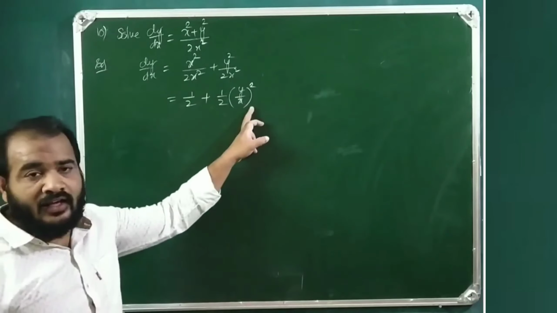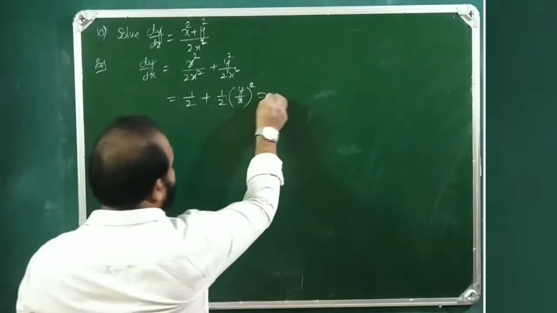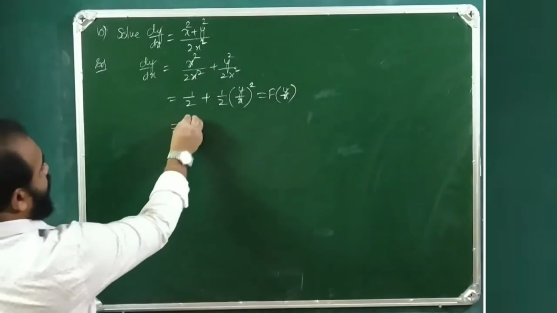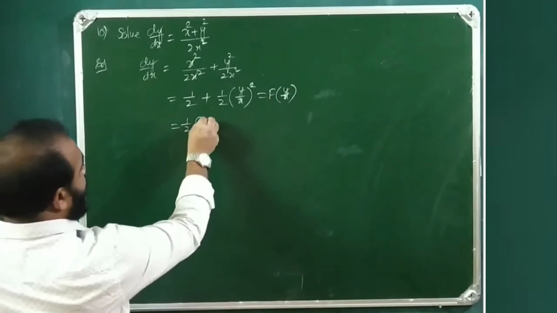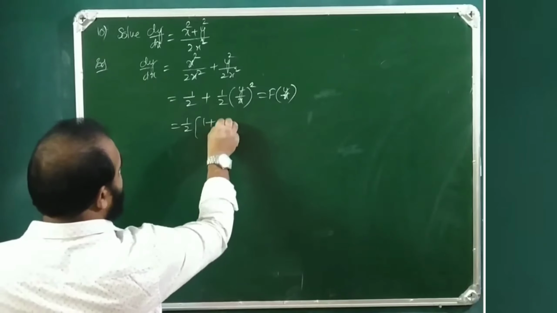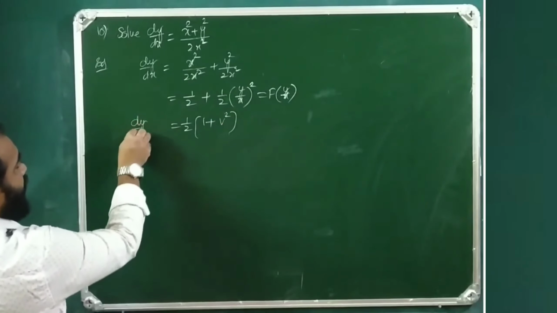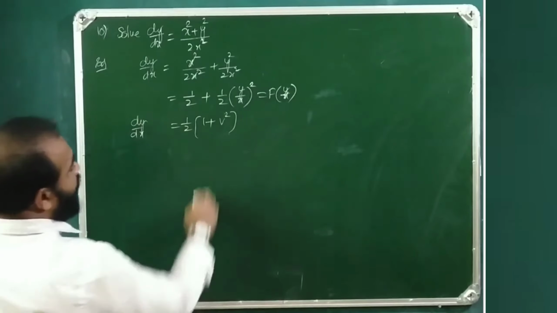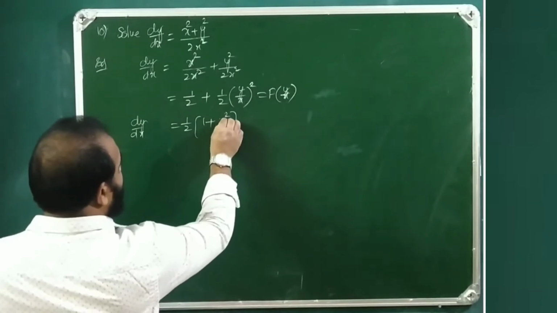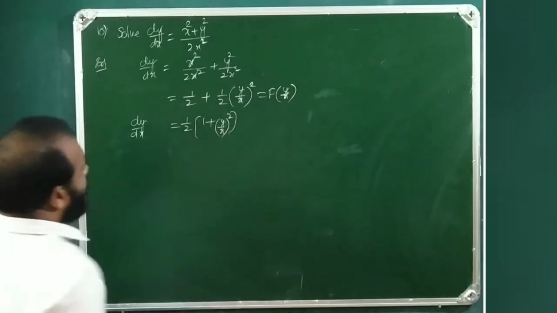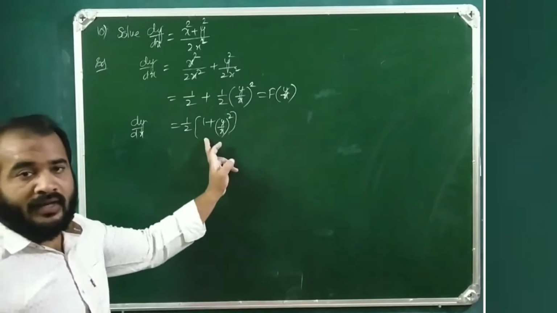So this is clearly a function of y by x. Taking 1 by 2 as common, dy by dx equals 1 by 2 into (1 plus y by x whole square).